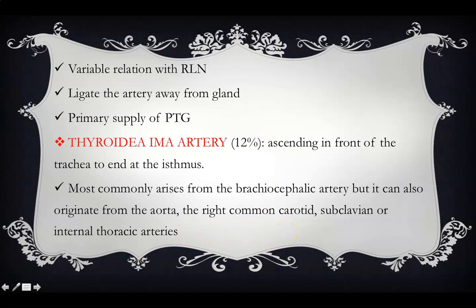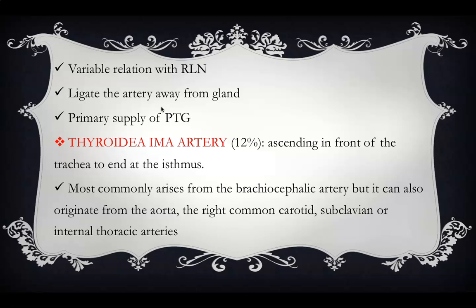Now, the importance of the inferior thyroid artery is that it has a variable relation to the recurrent laryngeal nerve. We can ligate the artery to preserve the recurrent laryngeal nerve.